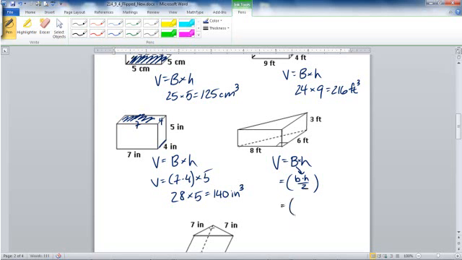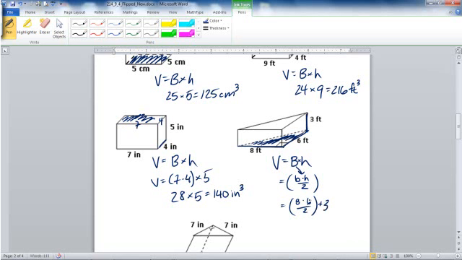So if I look at my figure, there's my right angle that we're looking for, base and height. So my little base is 8 right there. My height is 6 right there, divided by 2. That gives me the area of that triangle down there on the bottom. And then the height of my prism is 3.